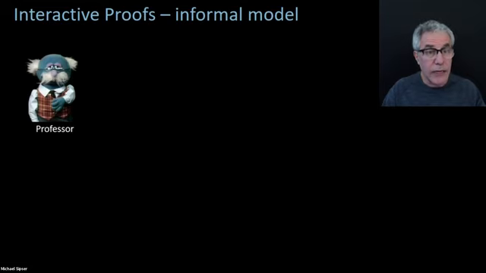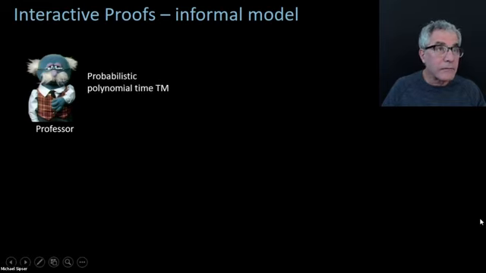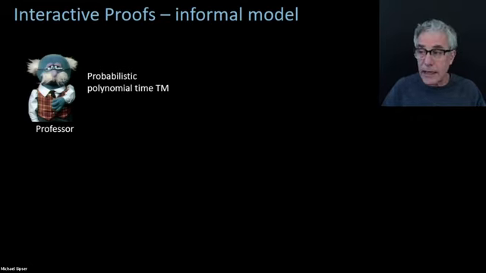The professor is going to play the role of the verifier, the one who checks. And the professor, being kind of old and tired, been teaching too long maybe, can only operate in probabilistic polynomial time. If the professor wants to tell whether two graphs are isomorphic or not, probabilistic polynomial time doesn't seem to be enough, because it seems to be a more than polynomial problem.